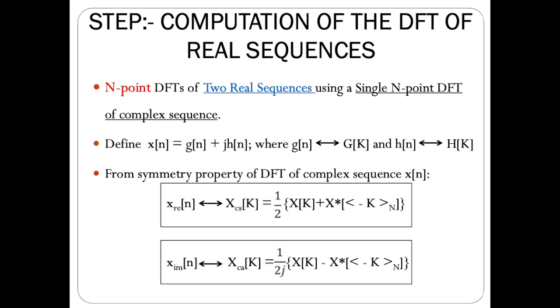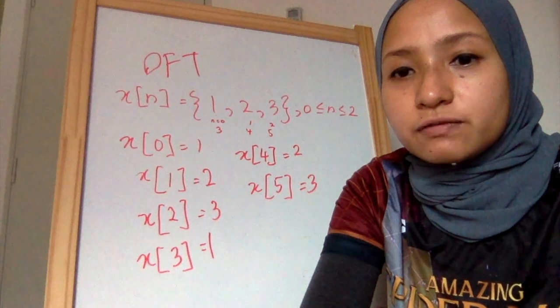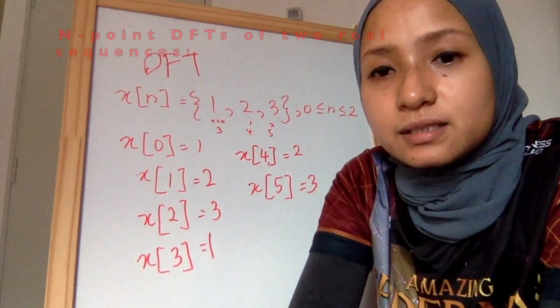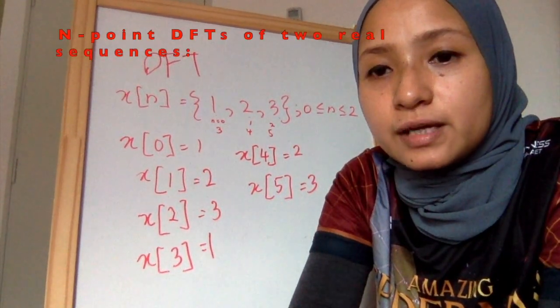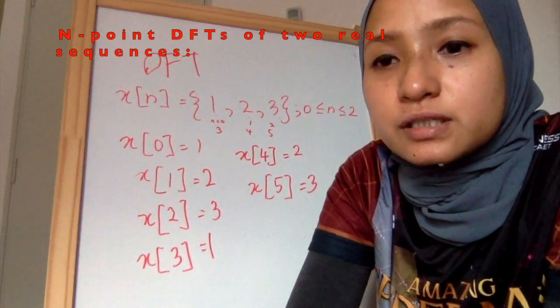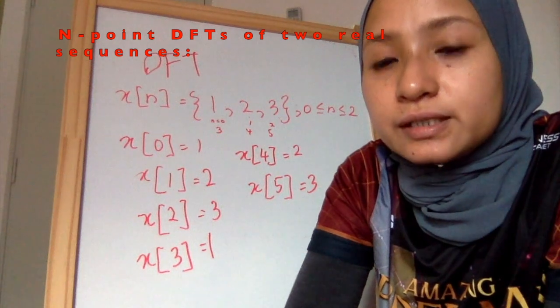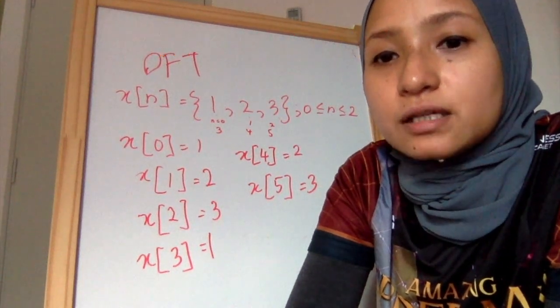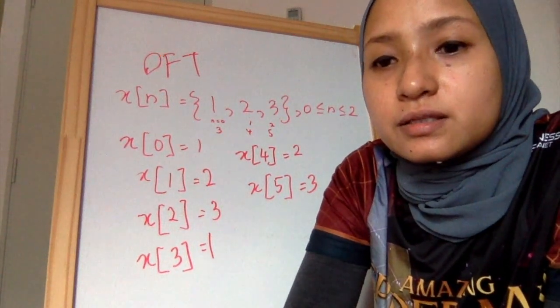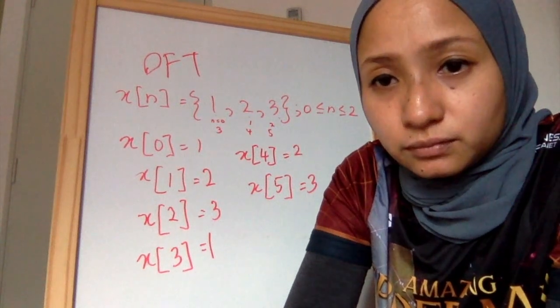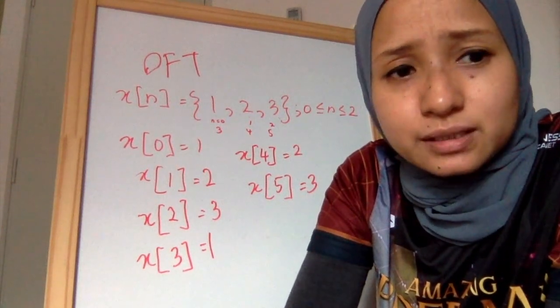So how do we compute the DFT of a real sequence? Let's say we have the N-point DFTs of two real sequences using a single N-point DFT of a complex sequence. Basically these are the keywords.